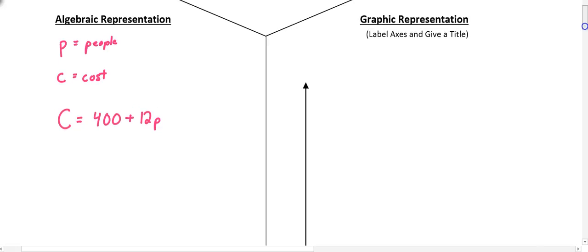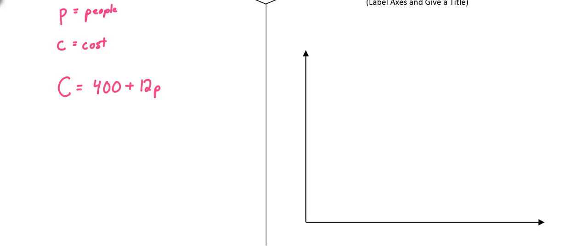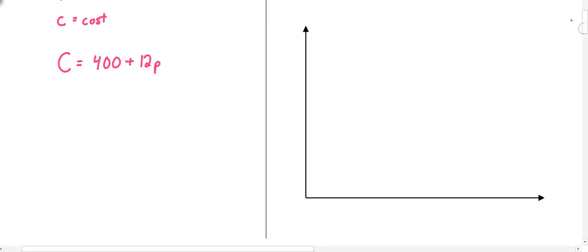Now we're going to do a graph to represent the table from above. Remember the table above, our input was what's going to go on the x-axis, which in this case is people. In our table, we had 15 people, 30 people, and 45 people. Because that goes up by increments of 15, we can spread out our graph going in increments of 15.